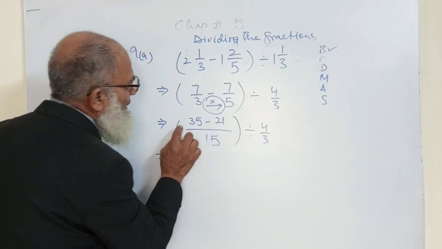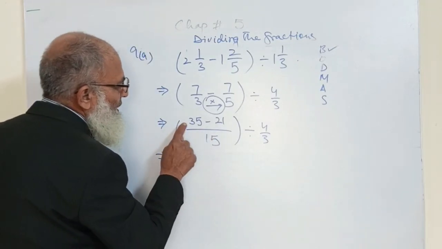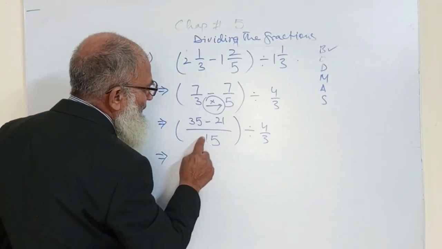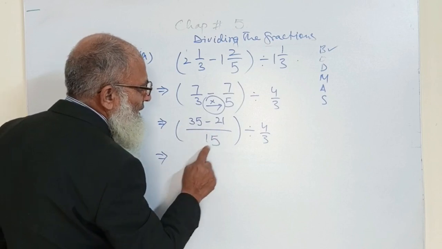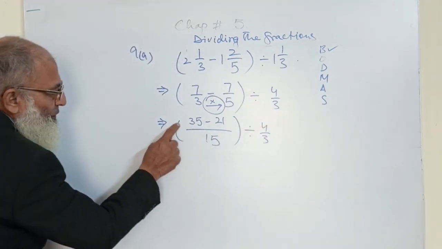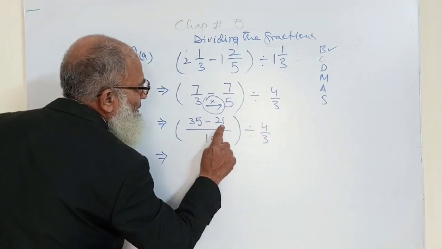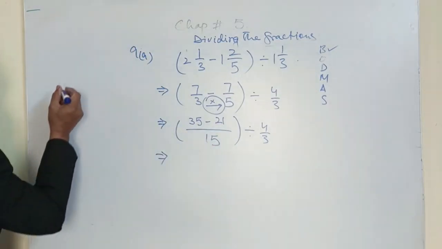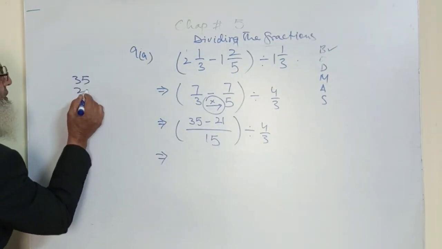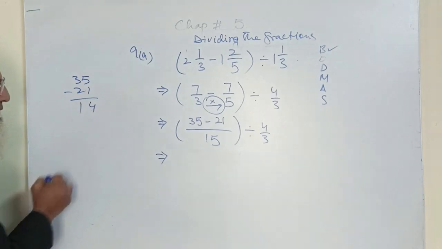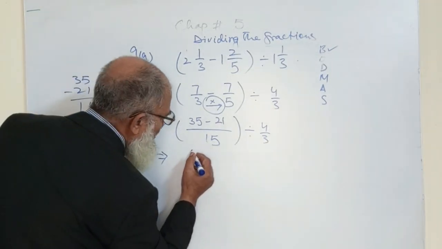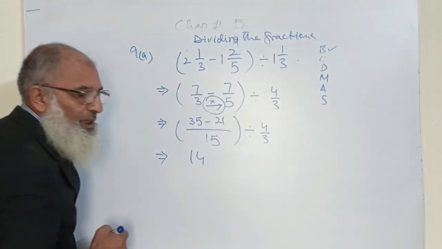Now my dear students, you see that 35 minus 21, divided by 15. Now we have to subtract this 21 from 35. 35 minus 21 will become 14.